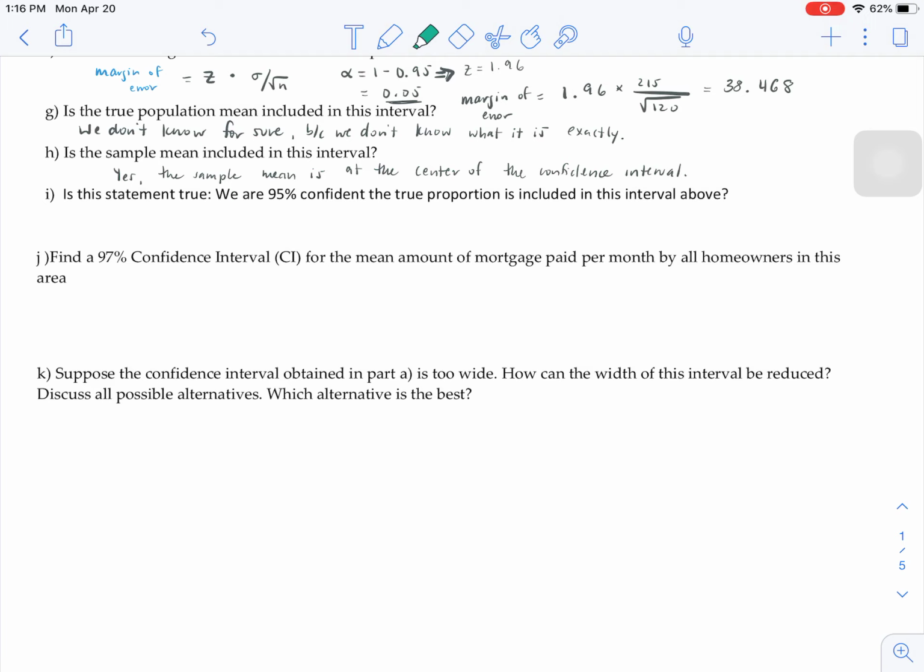Is this statement true? We are 95% confident that the true proportion is included in this interval above. Answer. This is an okay statement. There's nothing wrong with this statement. The only thing that we want you to remember here is that saying 95% confident is not the same thing as saying there's a 95% probability that the true proportion is in this interval.